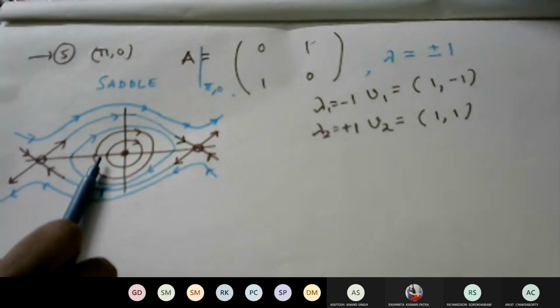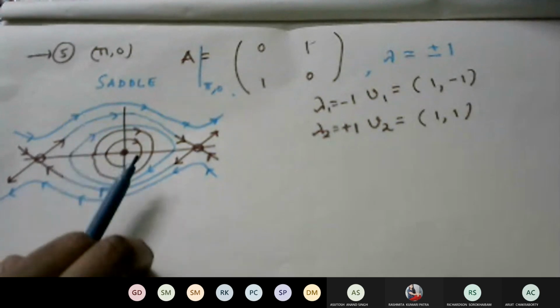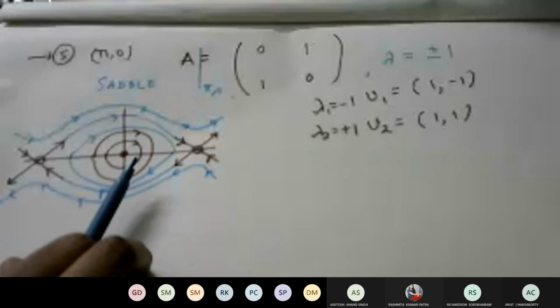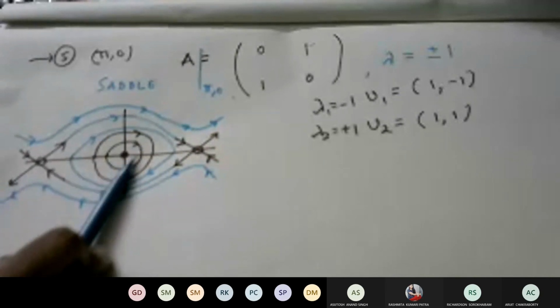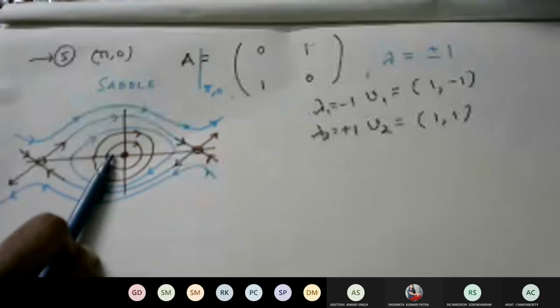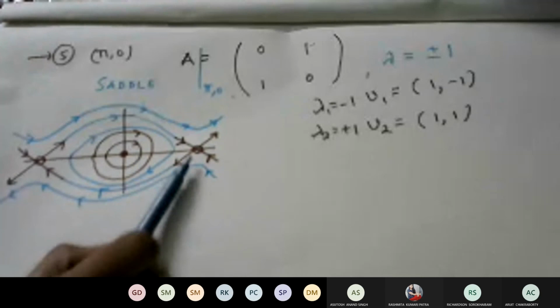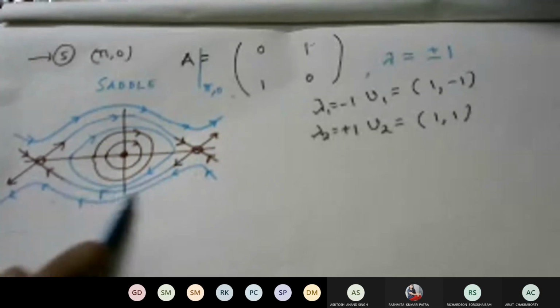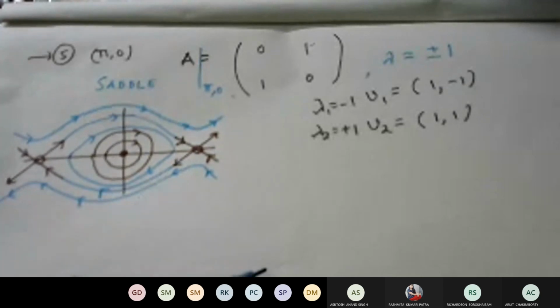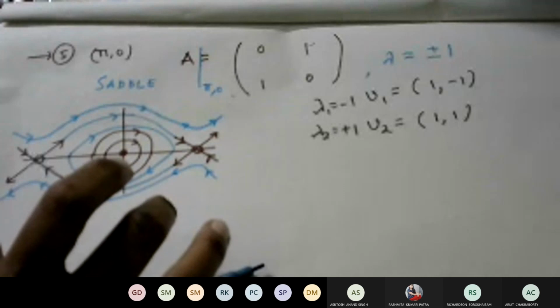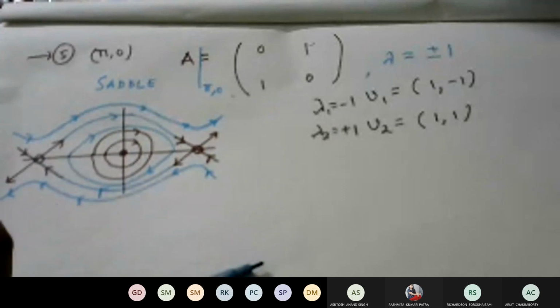So the pendulum was at rest, hanging straight down, at the lowest possible energy. Then you apply some small energy, and the small oscillations start. Traditional oscillations start. At a certain threshold value of the energy, which corresponds to these lines, the stable and unstable manifolds, the pendulum reaches the inverted state.